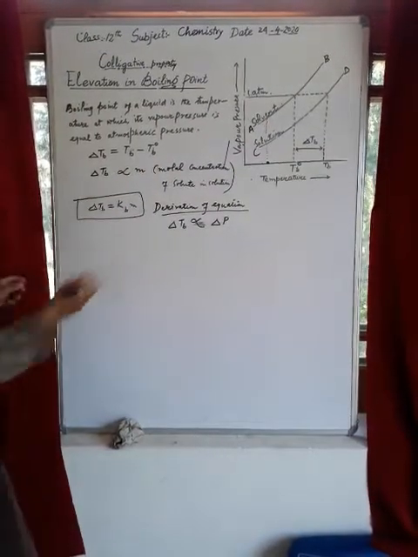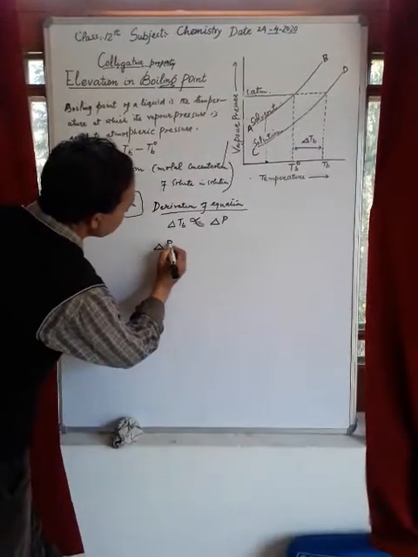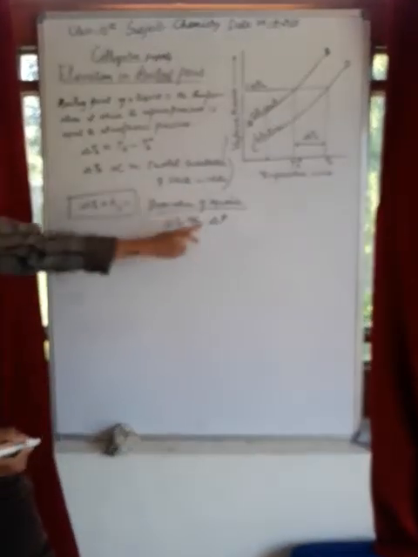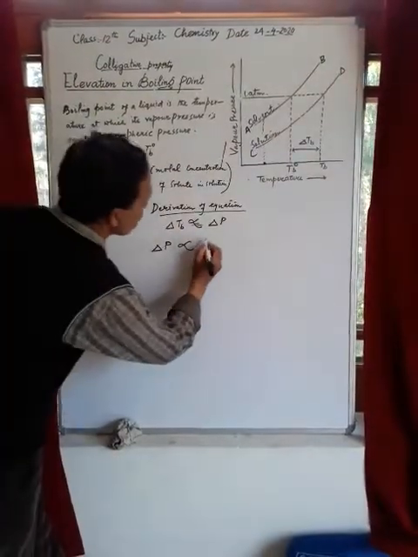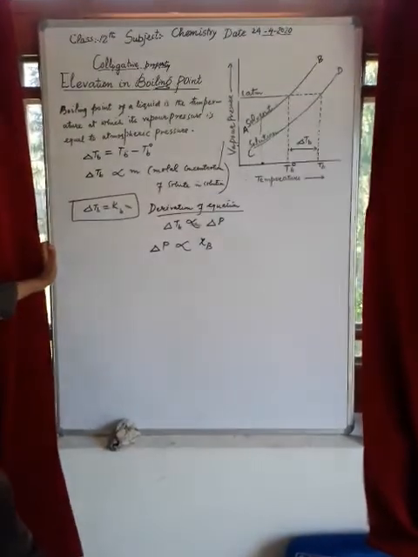We have read this in Raoult's law. So according to Raoult's law, this del P is proportional to what? The lowering of the vapor pressure is proportional to the mole fraction of the non-volatile solute.